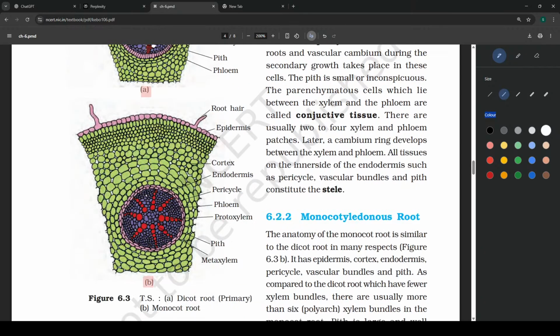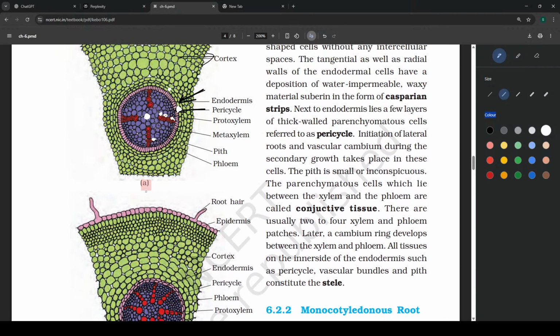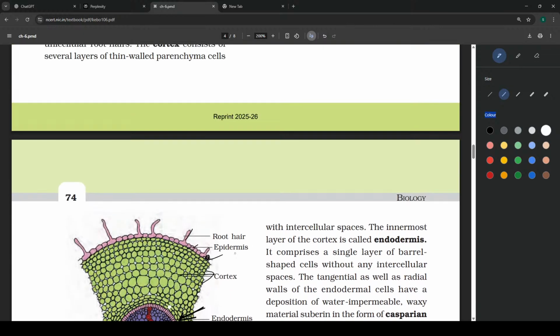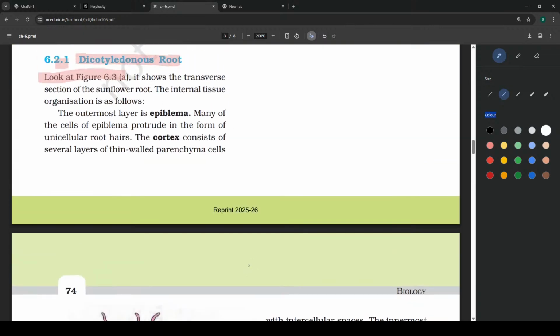Almost everything is the same, just a greater number of bundles, and a different order of succession of the xylem and phloem. Basically, that one we will see right now.